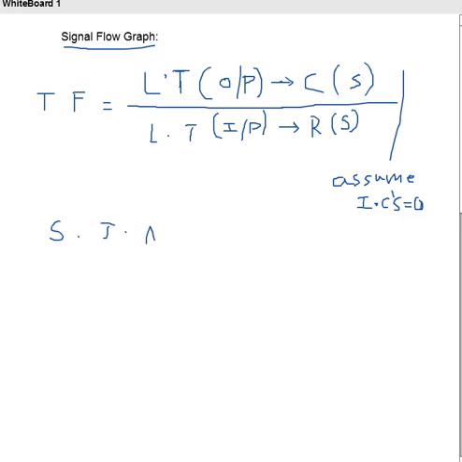He invented the signal flow graph technique. The formula is also named after him: Mason's gain formula. He is the scientist, and the formula is Mason's gain formula.